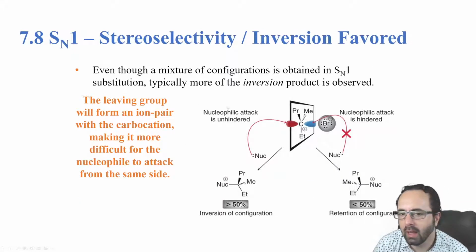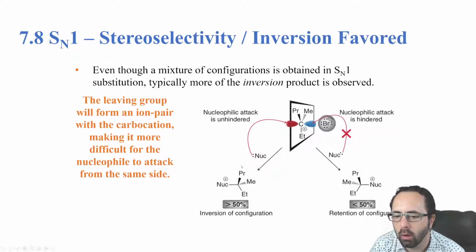Even though we can have a mixture of configurations obtained in the SN1, typically we do get a little bit more of the inverted product than we do of the one with the same configuration. And you can see why, right? The first step is the loss of the leaving group, and it does take a little time for the leaving group to get out of the way. Whereas the nucleophile can freely attack from the other side shortly after the leaving group has left.